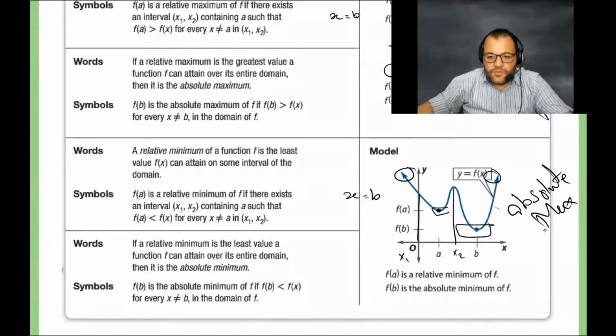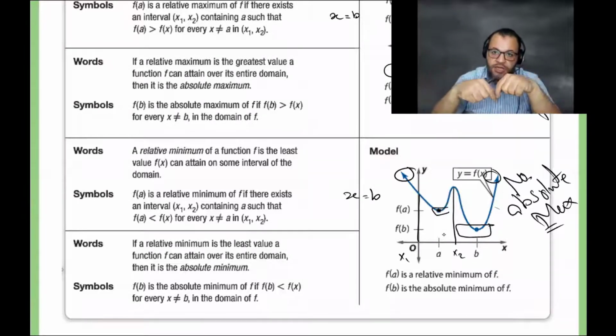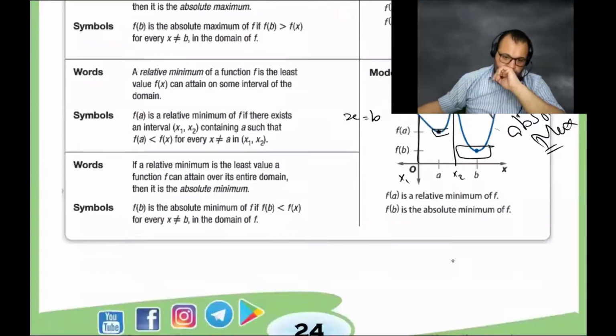There is no absolute maximum. You understand it? If one of the end behaviors is going up, it means there is no absolute maximum. If one of the end behaviors is going down, it means there is no absolute minimum. You understand it? Is that clear? Yes. Okay.